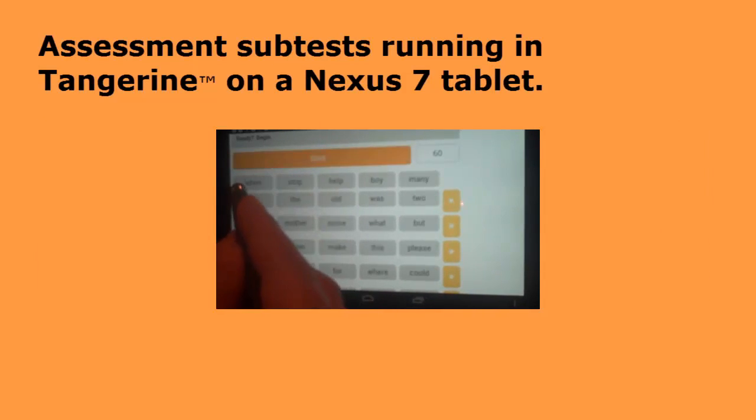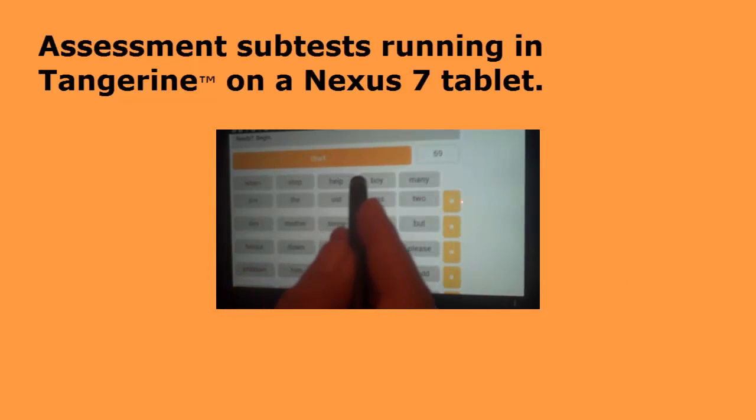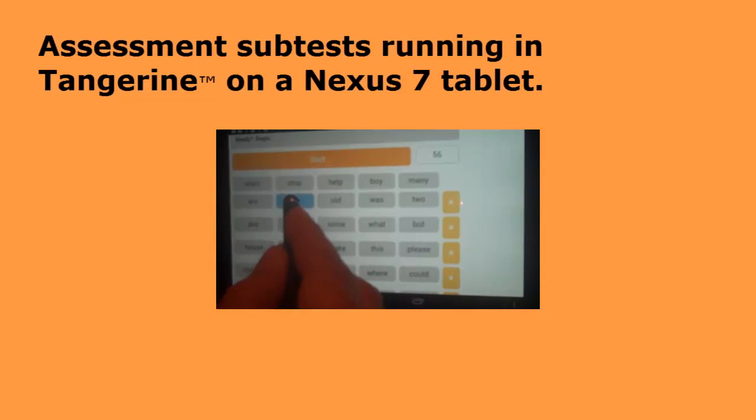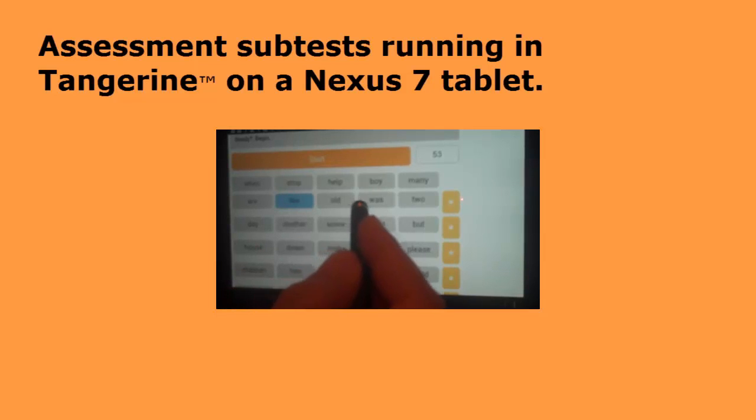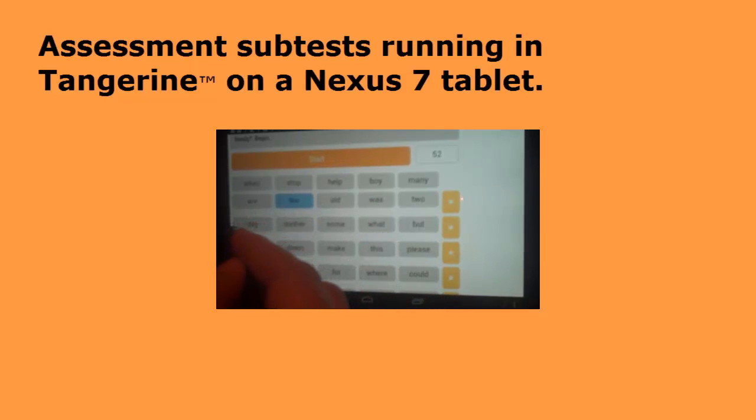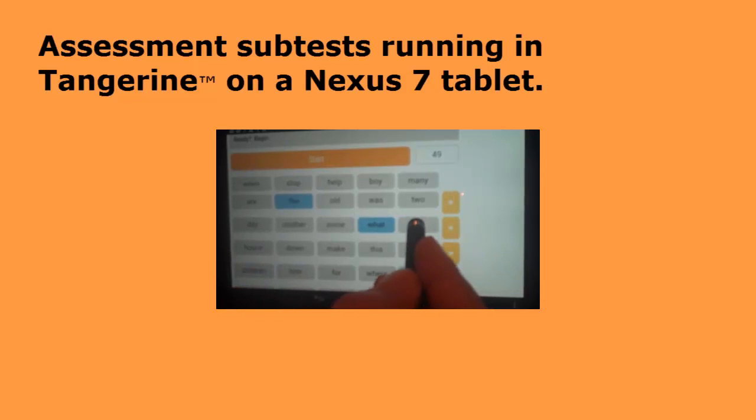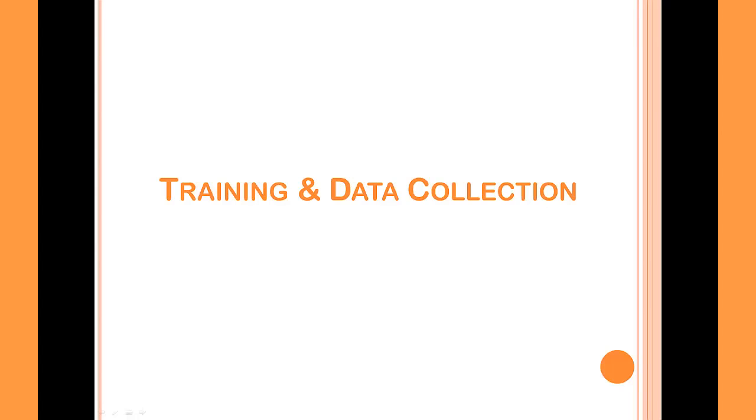The Tangerine app can be installed onto any device running Android 2.3 or higher. Recommended devices currently available include the Nexus 7 and Kindle Fire tablets, as well as Samsung's Galaxy tablet and other devices with similar specifications. The tablet is now ready to collect and store data.